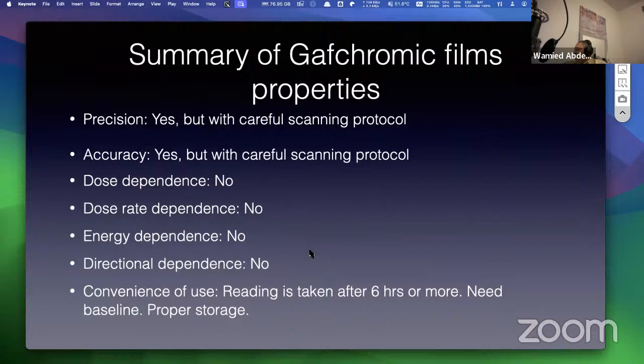Convenience of use, reading is taken after 6 hours or more because we need to give it some time for development. Also, they probably need to be stored in a dark envelope and so on, because they could be affected by light.